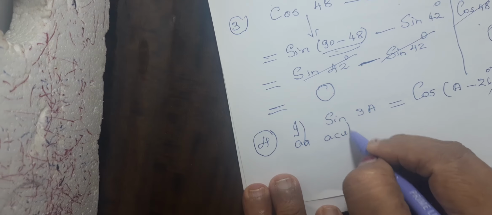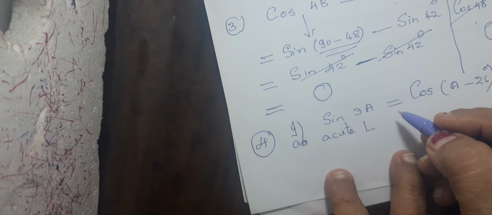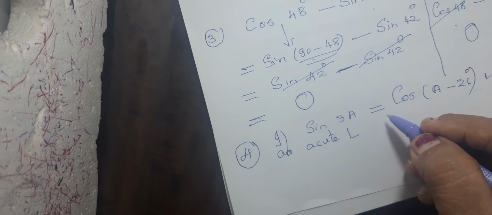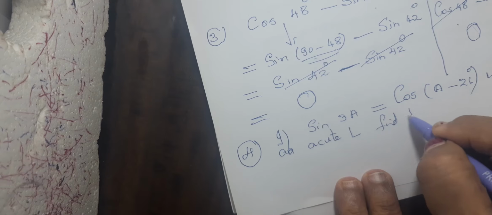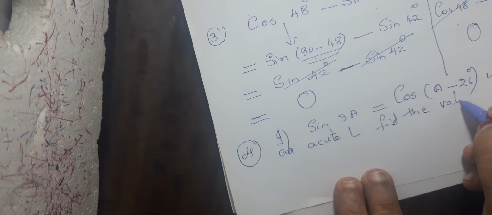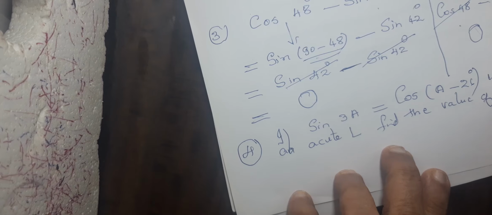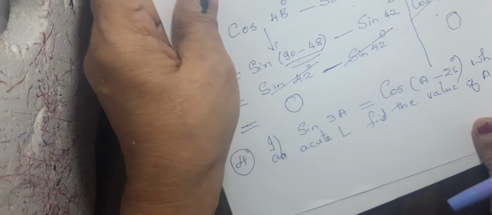Okay, if it is an acute angle, don't worry, let us do the sum. Find the value of angle A. There is a way to do this sum. Of course, the complementary angle concept only you are going to use here also.